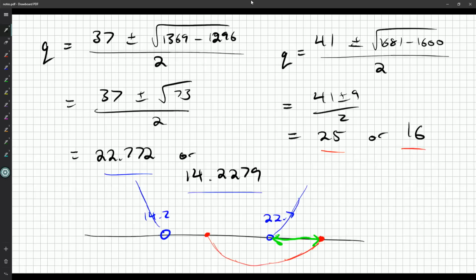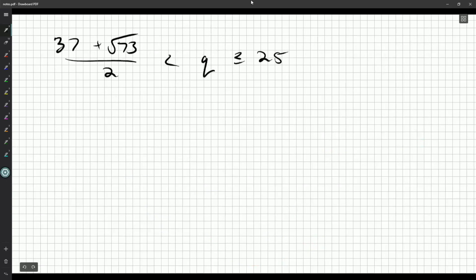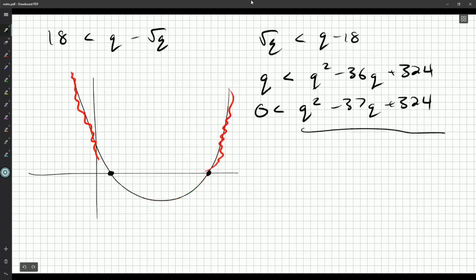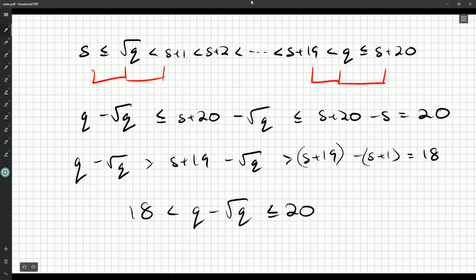Okay. So I have a range of values of q. Now the question becomes, does every q in here work? Every q in here should satisfy this equation down here.